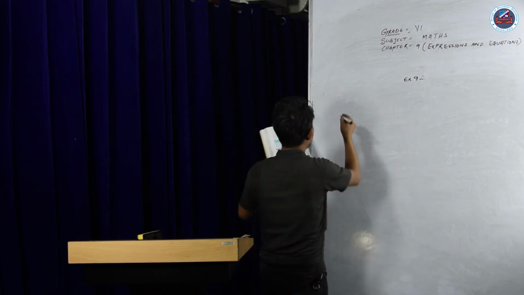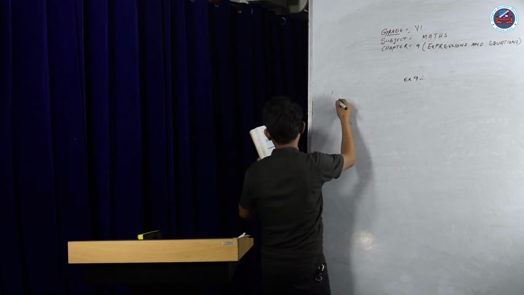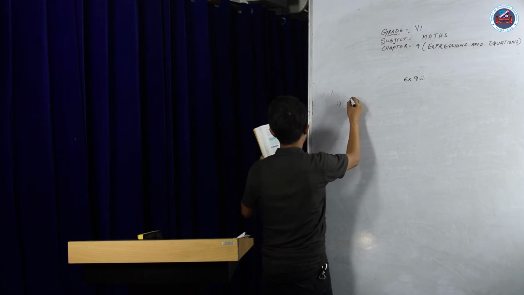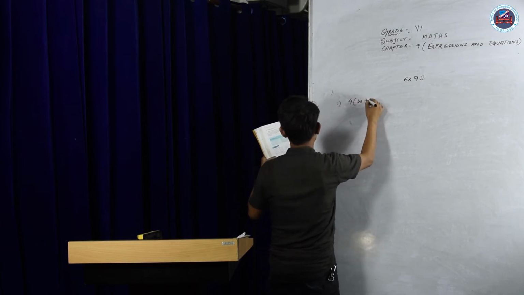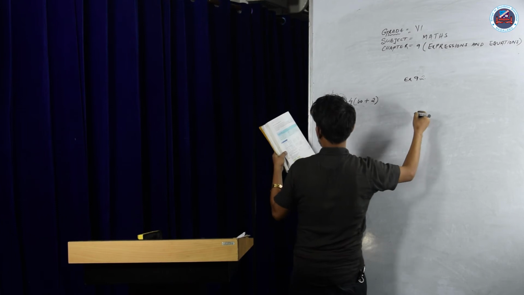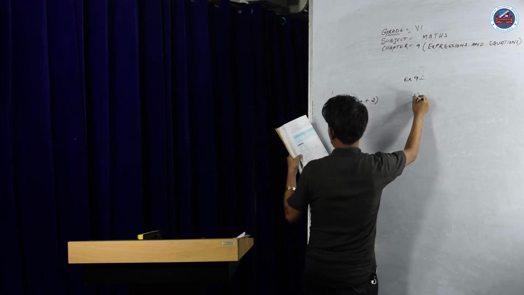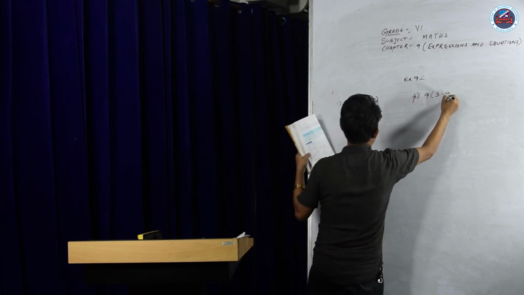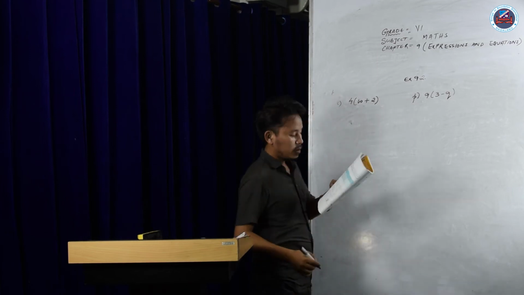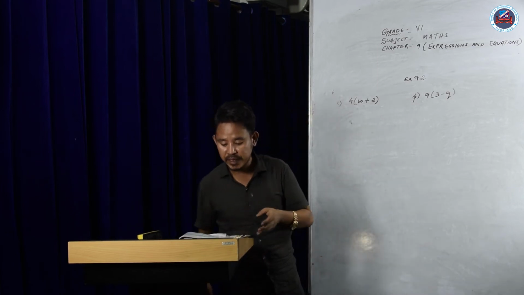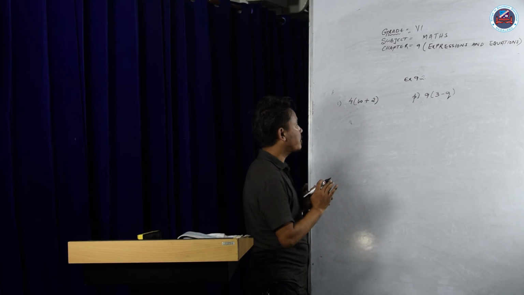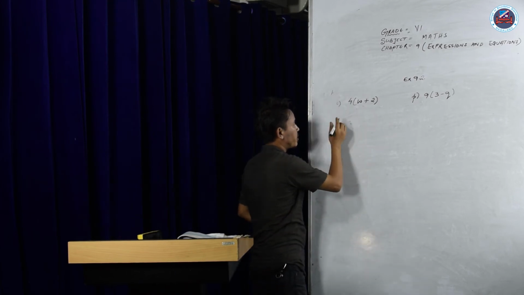From question number 1, let me do two sums. That is, from one is C, 4(W plus 2), and let me do P, 9(3 minus Q). Now, the question here is to expand the brackets. How do we expand it?